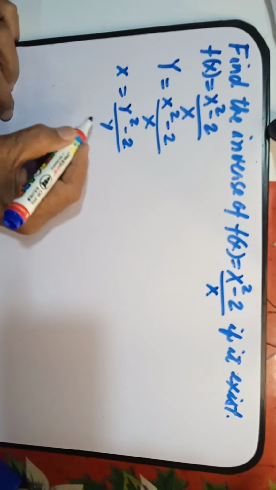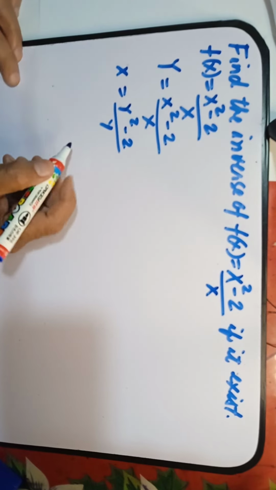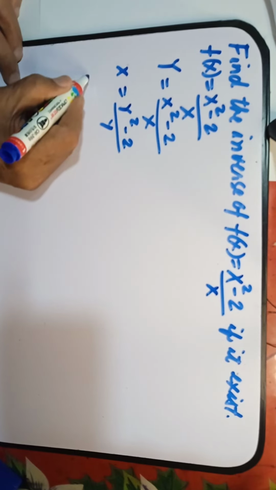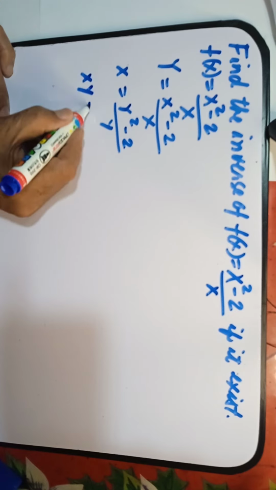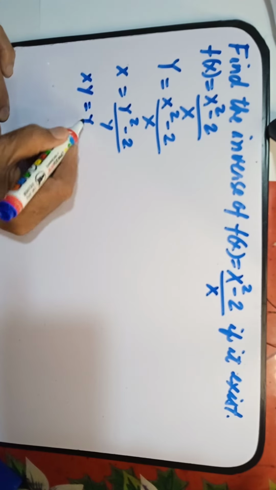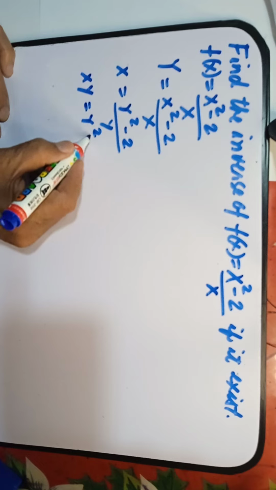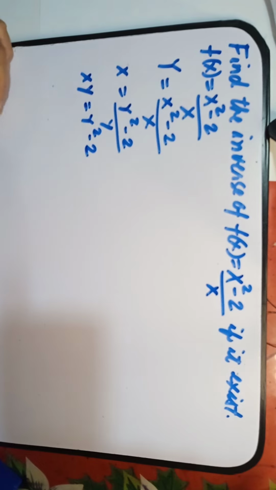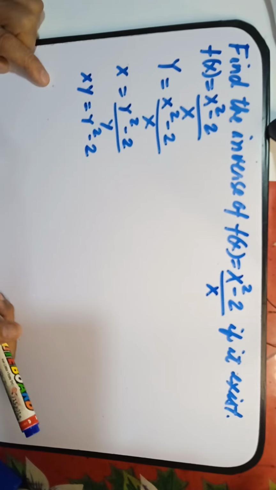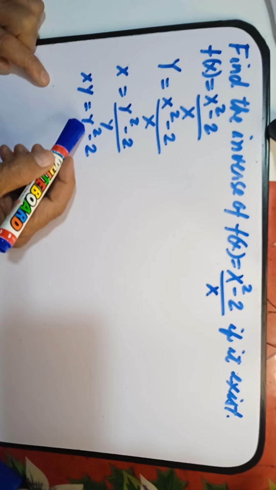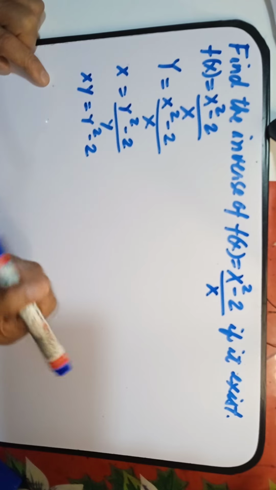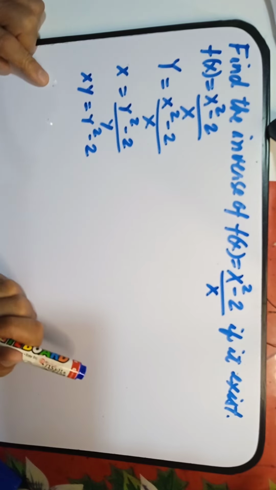Then we multiply y to x on the left side. So x times y is xy, equals y square minus 2. Okay. So it is y square here, and it follows that it is a quadratic equation.